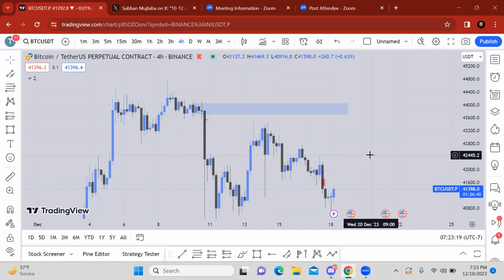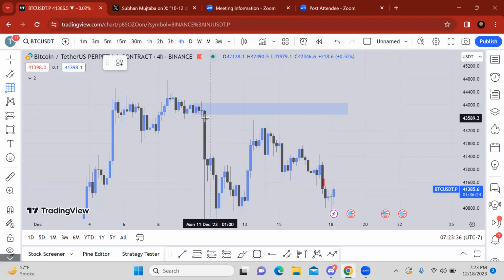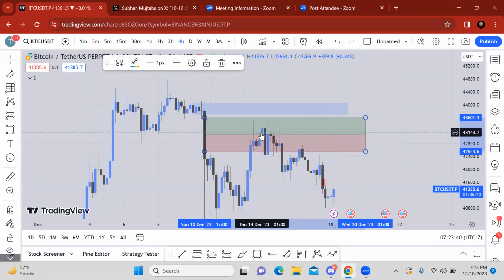I was using order blocks, but from time to time strategy changes. Then other people use fair value gaps for entries. This is a huge fair value gap. They use Gann box to measure the whole and they take entry on the mid of this fair value gap, entry here, stop is here, and then go down.